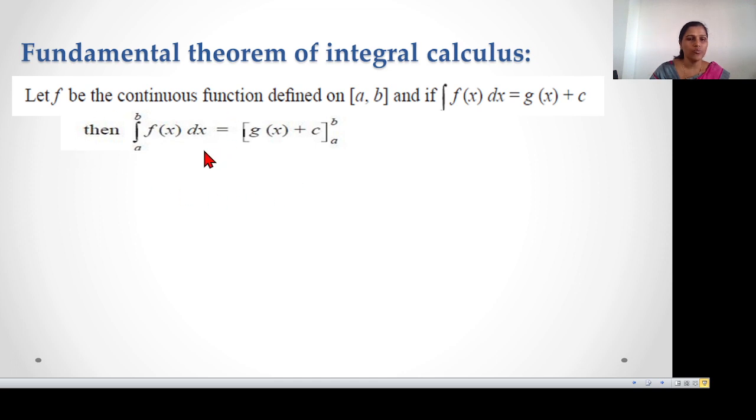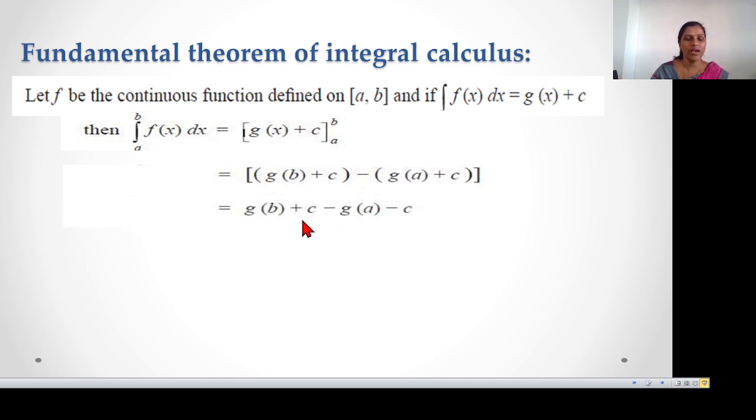So let us see the proof of this. As we have considered the integral of f of x dx is g of x plus c, then after finding the integral of this term, you have to apply the limits from a to b to this term. Then in the next step, we will observe that g of b plus c is the first term minus g of a plus c is the next term.